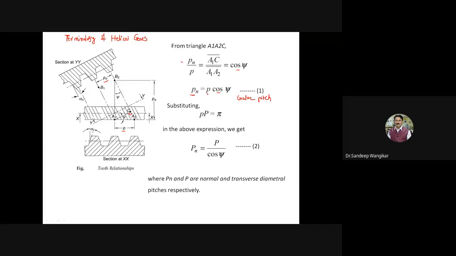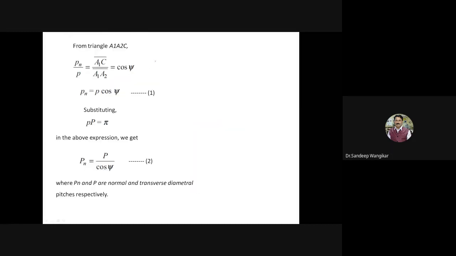If I have to convert into diametral pitch, then I have the relation: circular pitch into diametral pitch is equal to pi. I will take some help and give you the idea. Small p is the circular pitch, capital P is the diametral pitch, and the product is equal to pi. How is this?